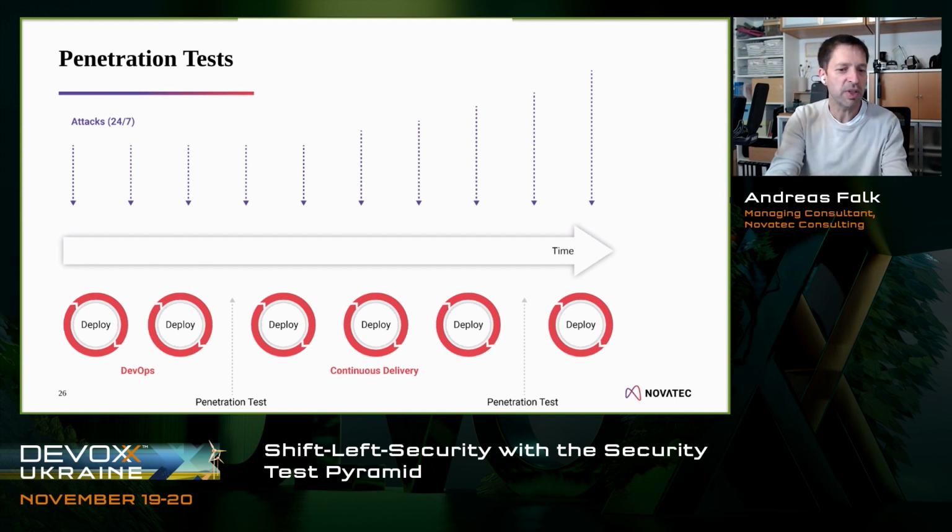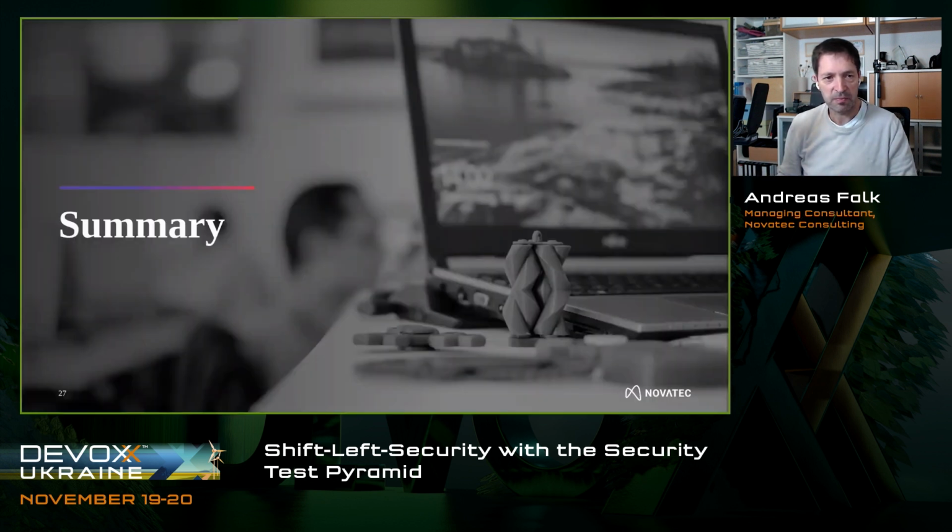Whereas you can only be safe at these 2 penetration testing points. So the deployments in between are completely blind spots. You never know how secure these are. And this is a reason why I recommend doing the security testing as part of your projects in an automated fashion, to also be safe in between these randomly executed penetration tests.